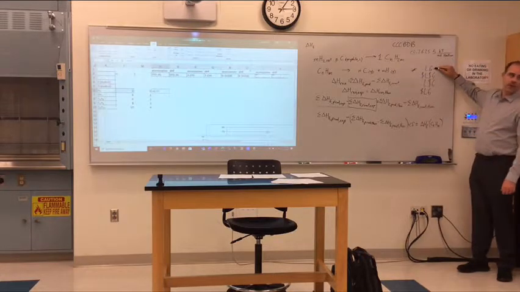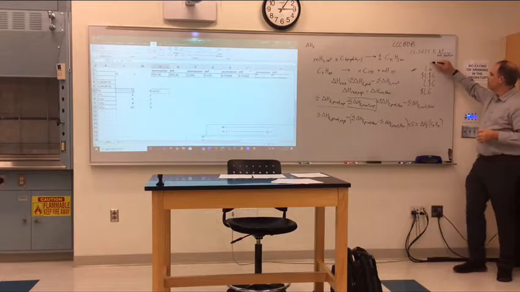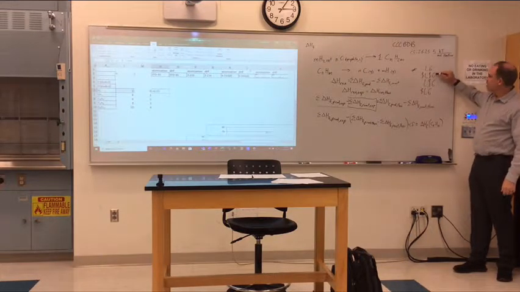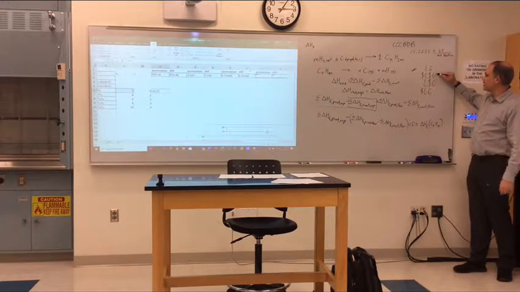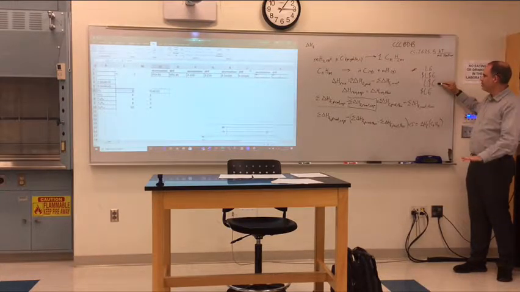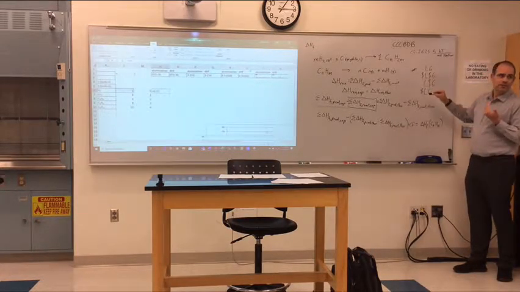This one, the top one, the default, as you copy and paste it around, it will change based on location. So if you copy it to the right, the L will change, and if you copy it up and down, the 6 will change. This one, wherever you copy it, it's always going to be referencing the value that's in cell L6. This one, as you copy it down, the 6 stays, but as you copy it across, the L is going to change.